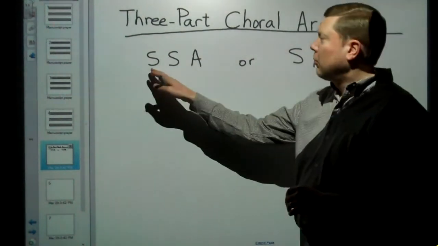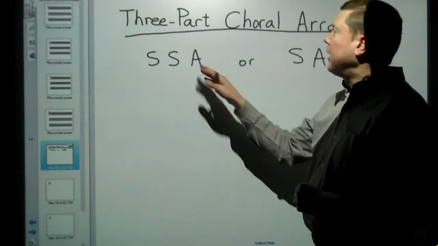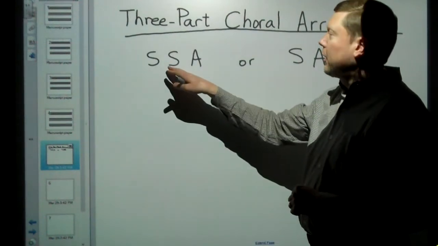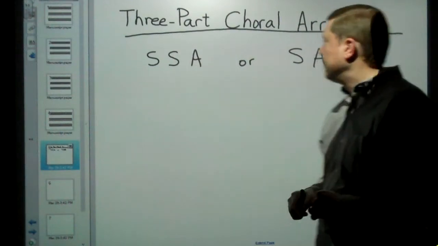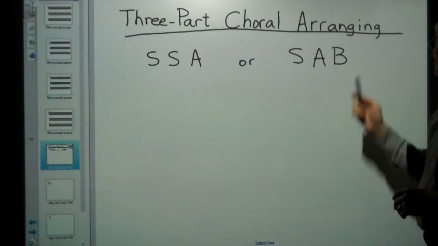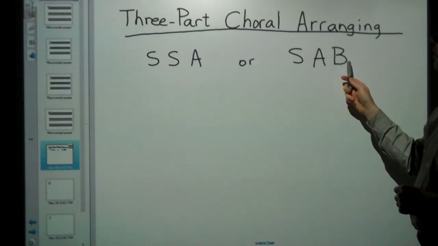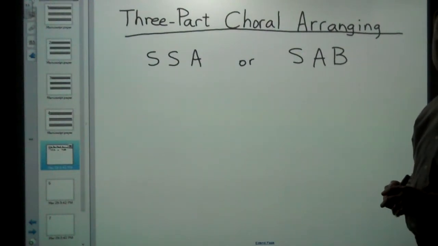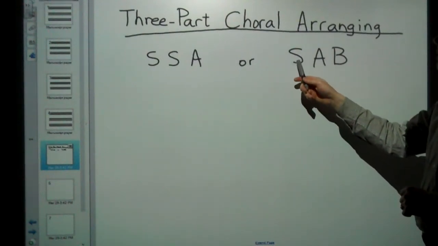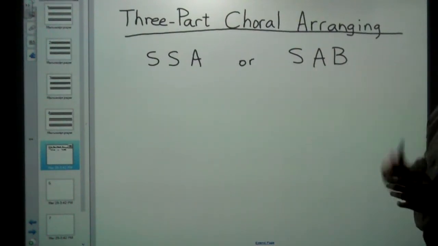In this case, we know that the S stands for soprano and the A stands for alto. So here we would have two soprano lines with an alto line, and over here we have a soprano line and alto line. And in SAB, three-part arranging, the B does not stand for bass, it stands for baritone. So in this case we have soprano, alto, and baritone.